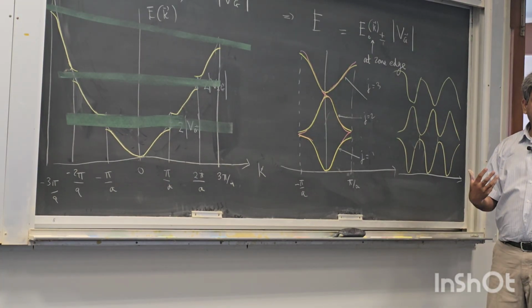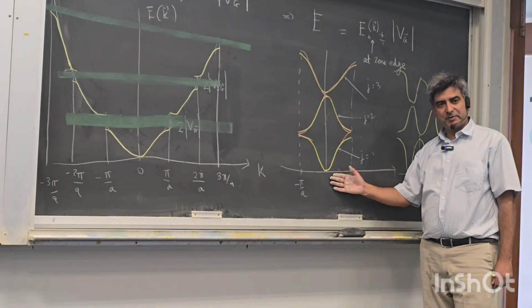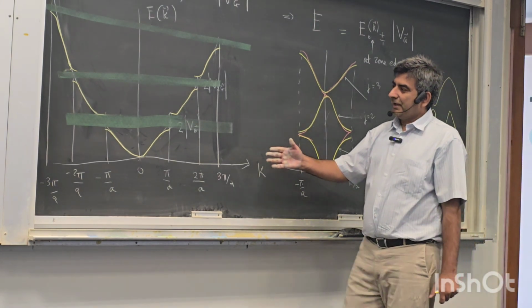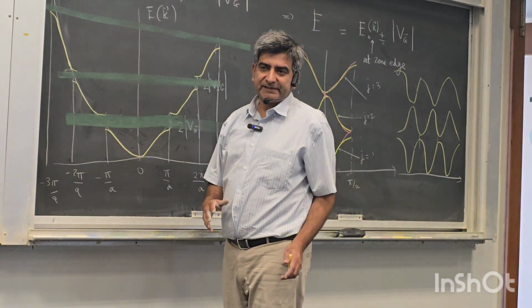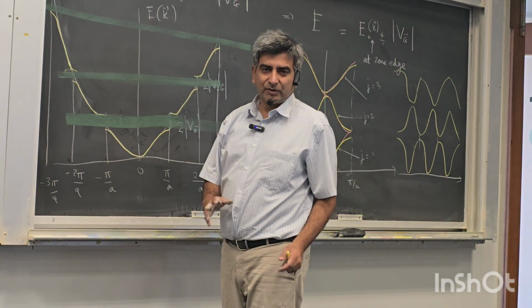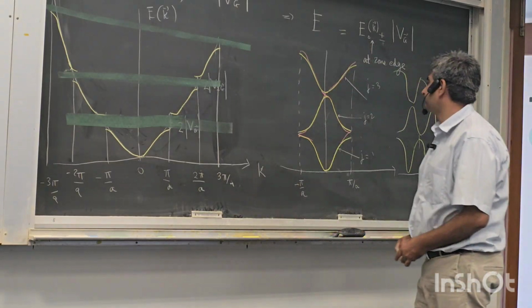The energy band diagram. This is complete. This shows everything inside the first Brillouin zone, and this shows it in the extended sense. Okay? Now just imagine the beauty of this all.